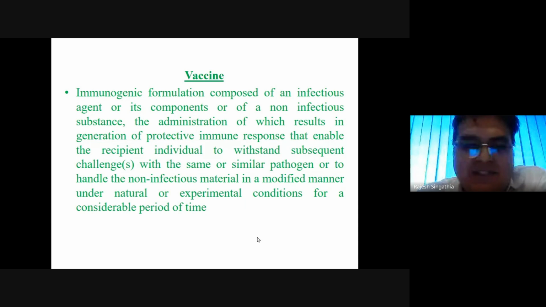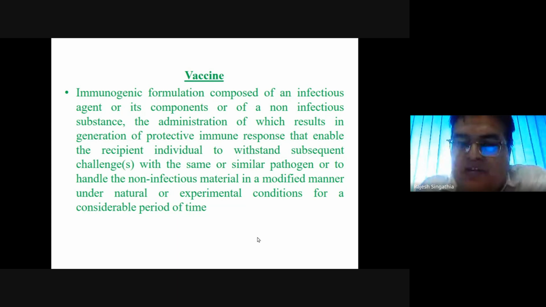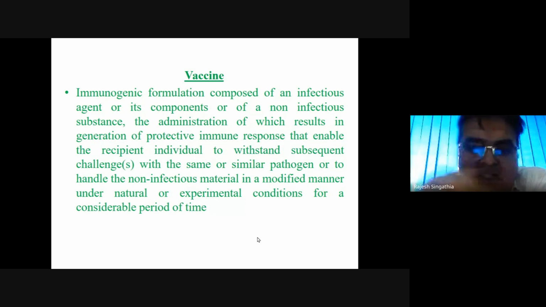A vaccine is an immunogenic formulation composed of an infectious agent, whole pathogen or its component, or of a non-infectious substance, the administration of which results in generation of a protective immune response that enables the recipient individual to withstand subsequent challenge with the same or similar pathogen, or to handle the non-infectious material in a modified manner under natural or experimental condition for a considerable period of time. So this is the exact definition of vaccine.